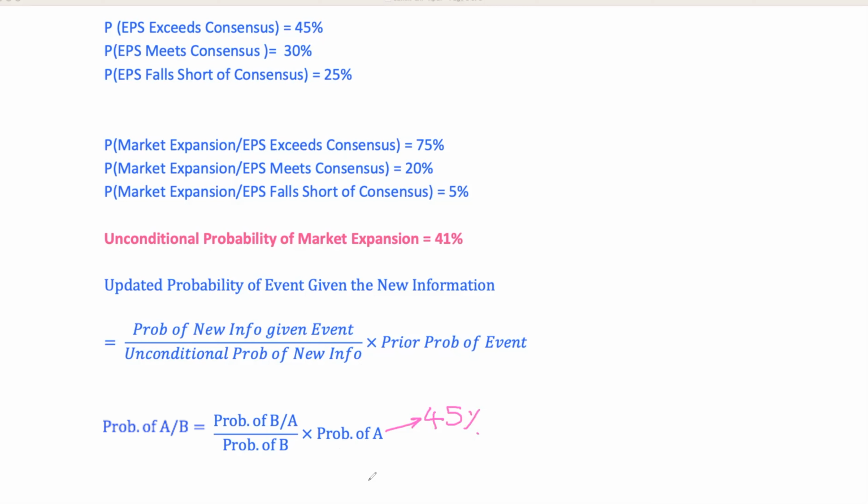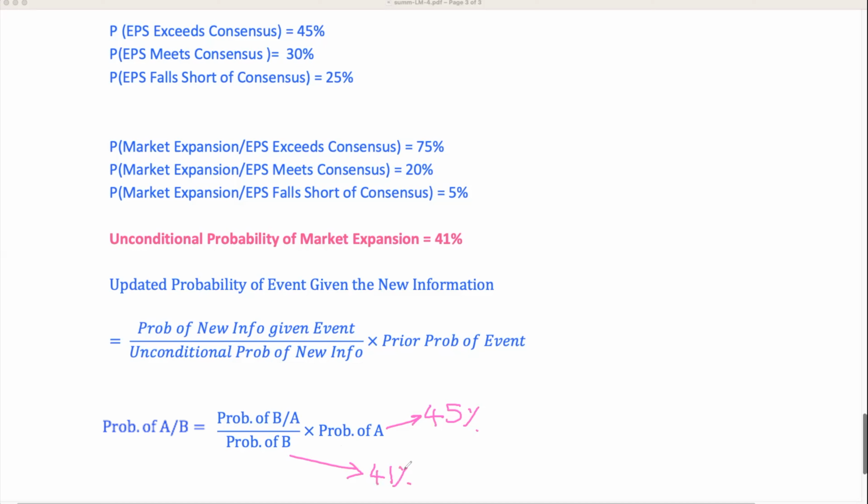Probability B is the marginal likelihood, the total probability of event B occurring, that is the decision to expand. 41%. Probability of B given A in our case is the probability of the decision to expand given earnings exceed the consensus estimate. 75%.